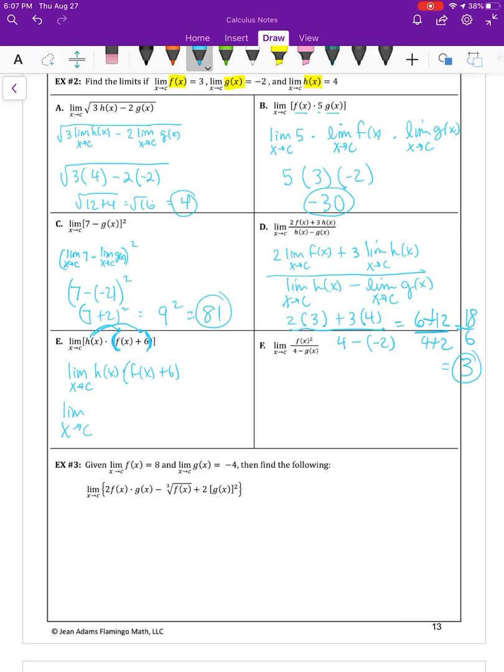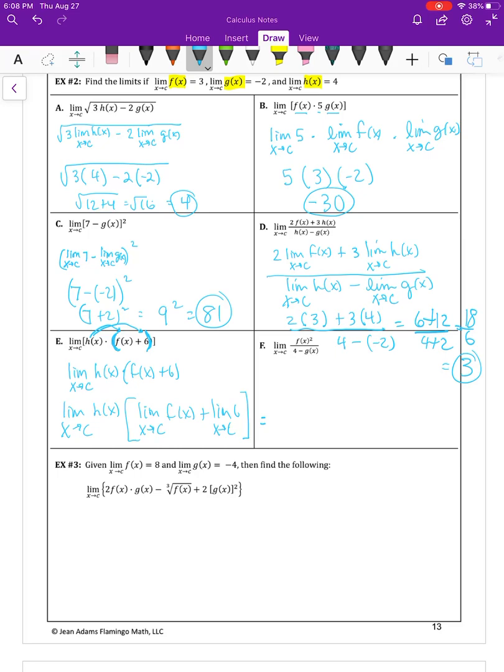Limit as x approaches c of h of x times the limit as x approaches c of f of x plus the limit as x approaches c of 6. So you have to be careful on that one.